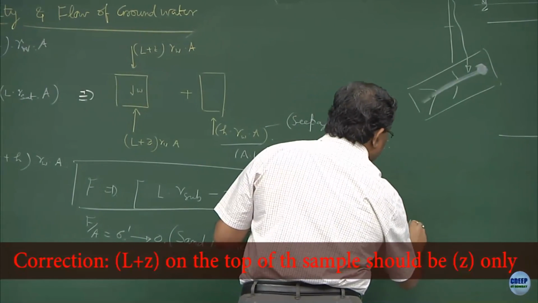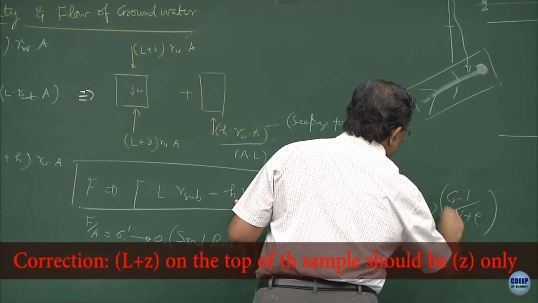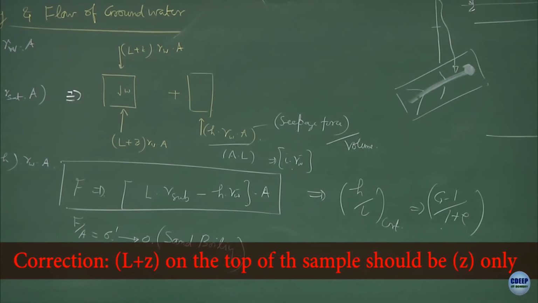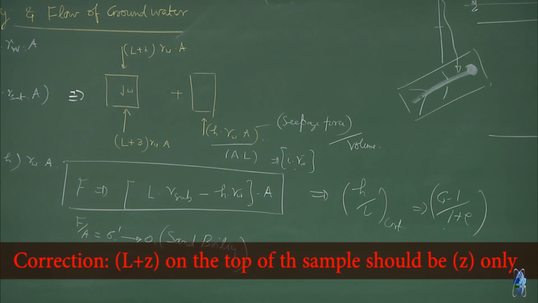We define this as critical. This will be equal to G minus 1 over 1 plus E. Try to prove this. Is this correct? Jasmine, is this equation correct? You must be remembering. Is this okay, Benny?